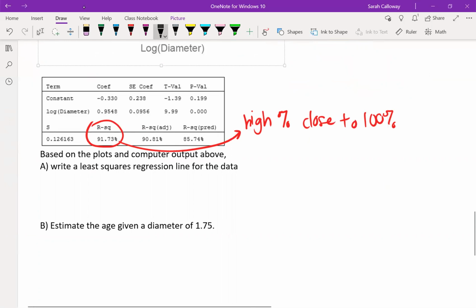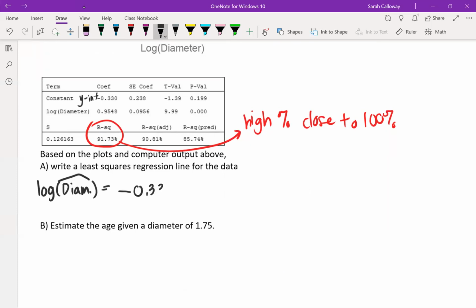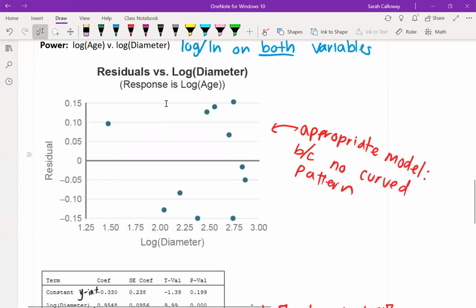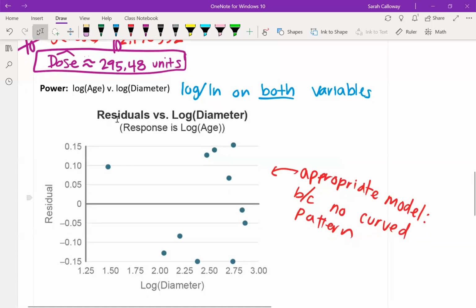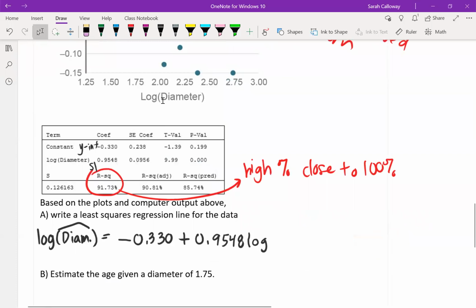When I write my equation, I'm looking for log of age hat is equal to, remember that this is my y-intercept, the constant, negative 0.330, plus my slope, 0.9548, times log of diameter. Sorry, I looked at the wrong spot.